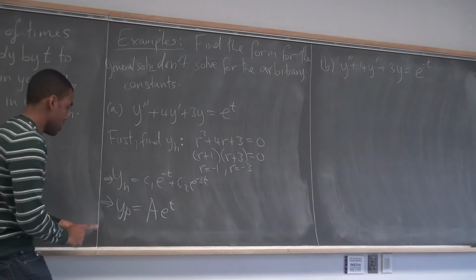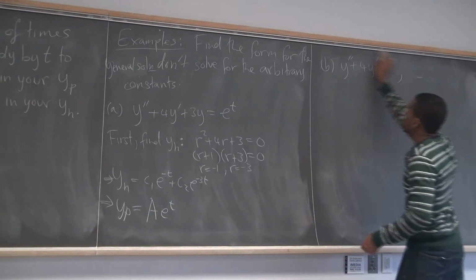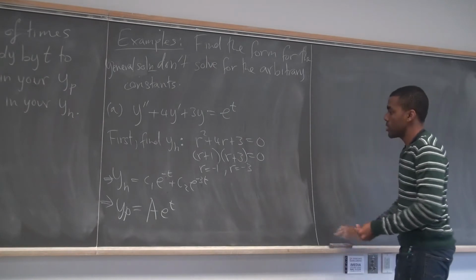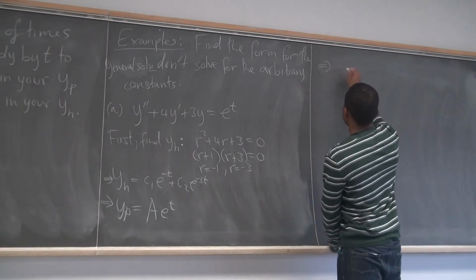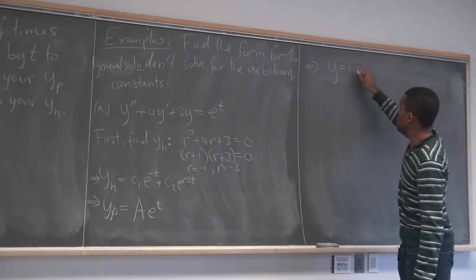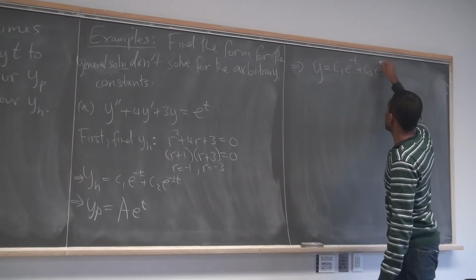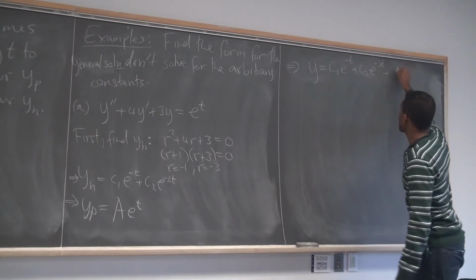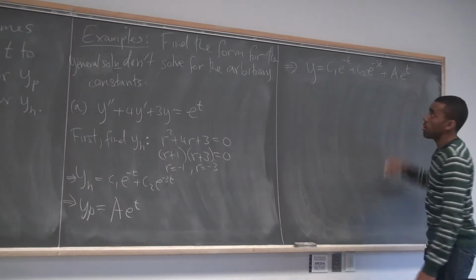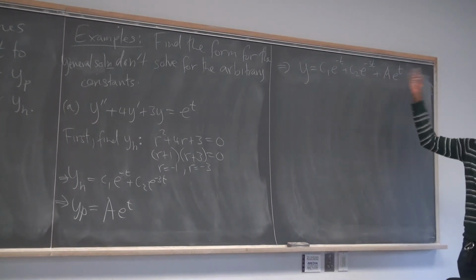Which means the general form solution for my y would be c1 e to the minus t plus c2 e to the minus 3t plus a e to the t. My general solution will have this one.